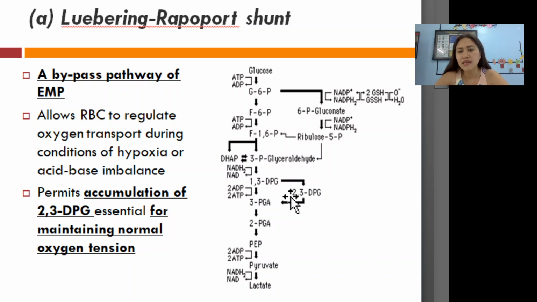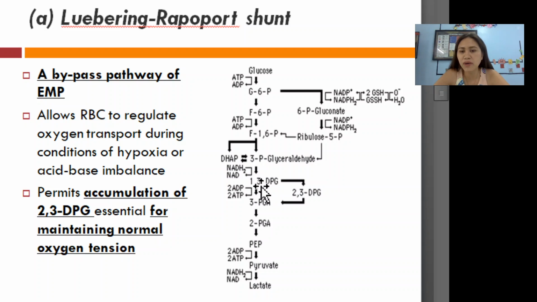Okay, especially when the RBC is already in the process of releasing the oxygen to the cells. Okay, so without 2,3-DPG, the oxygen cannot be released by the hemoglobin.